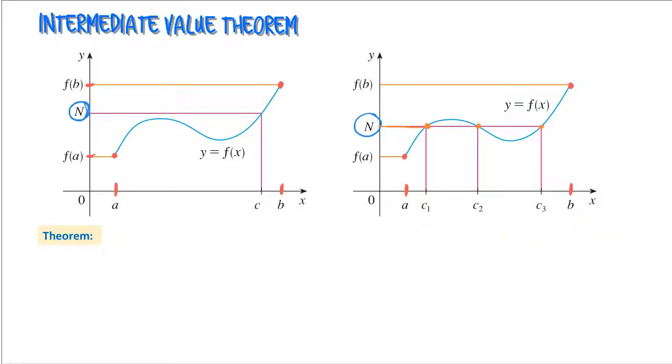So now let's go ahead and state such an important theorem properly. The theorem will begin like this. Suppose that f of x is a function that satisfies the following conditions.